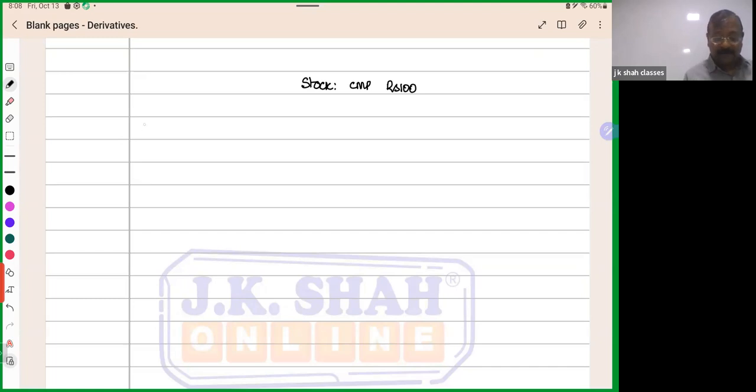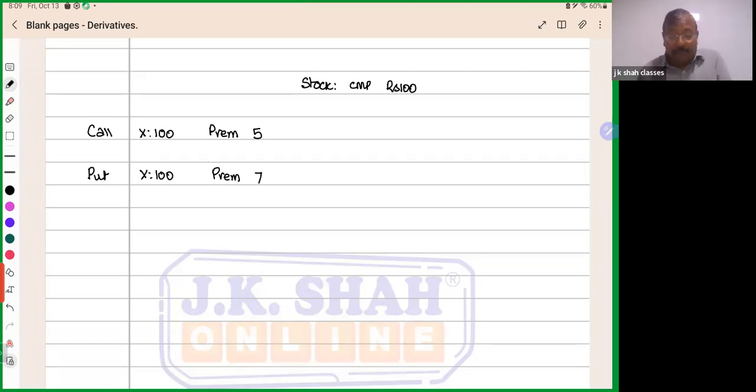And there is a call, let's say with a strike price of 100 and its premium, let's say, is ₹5, and there is a put, same with the strike price 100, its premium 7. Now, let's say the stock price moves to 120.